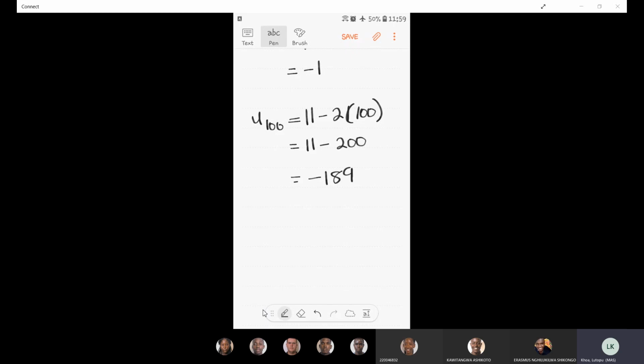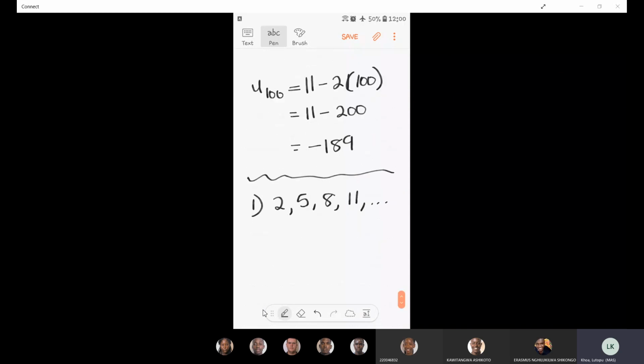So let's look at another example. We have to work out the common difference, the 10th term, and then a formula for the nth term of the arithmetic progression. So let's say I have 2, 5, 8, and 11, and it continues in this form.